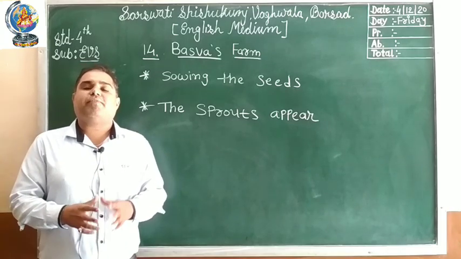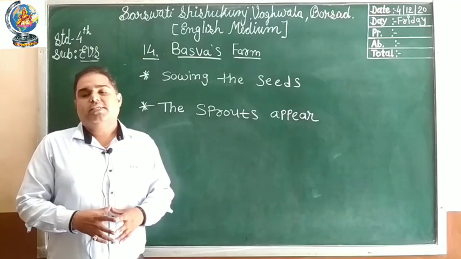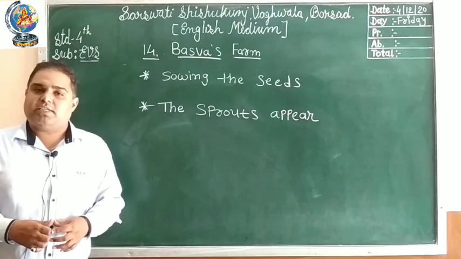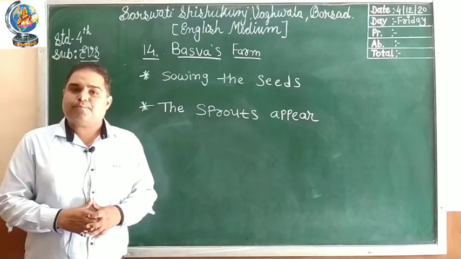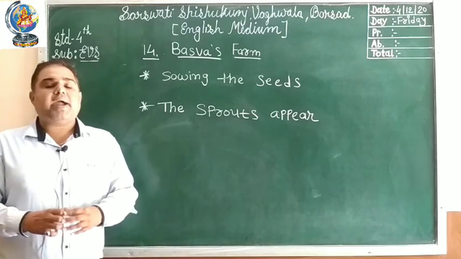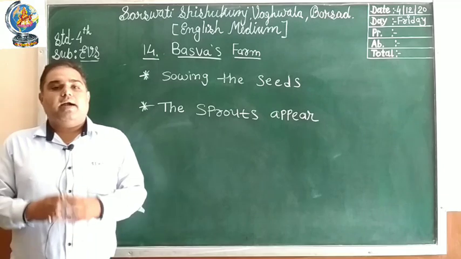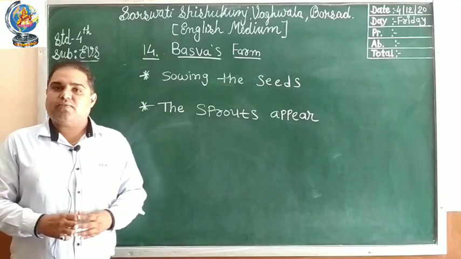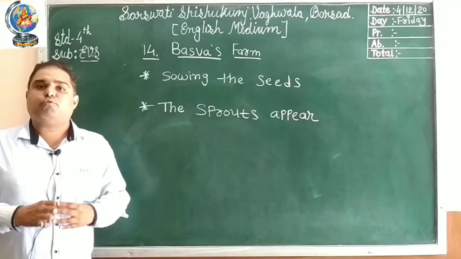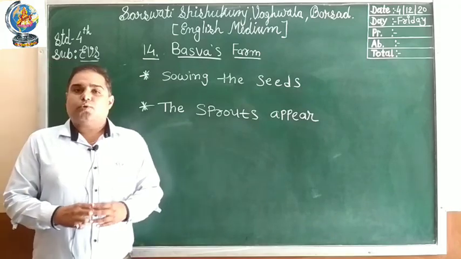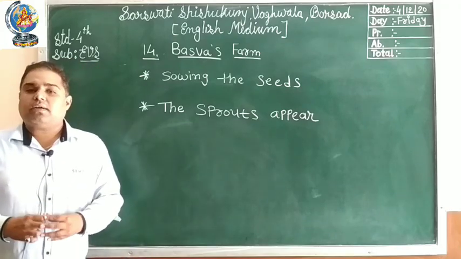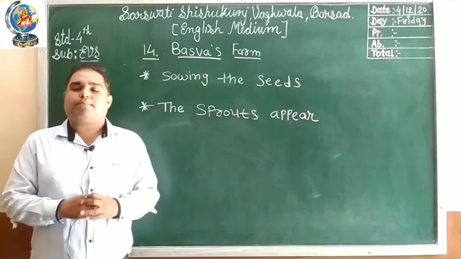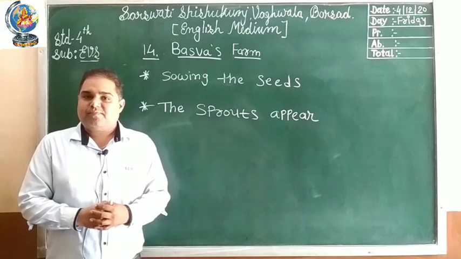The onion crops will not grow properly. So students, it is very important to remove the weeds from the main crops. If there are too many weeds, then the onion plants will not be healthy. That is why it is necessary to remove weeds, as they take all the water and fertilizers.